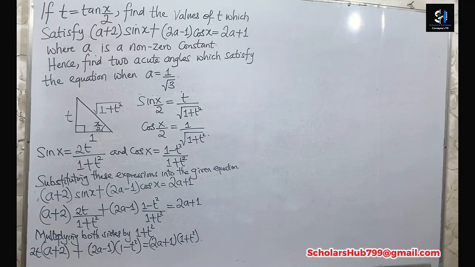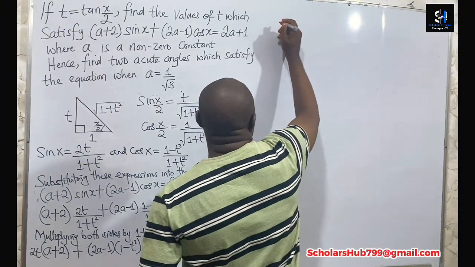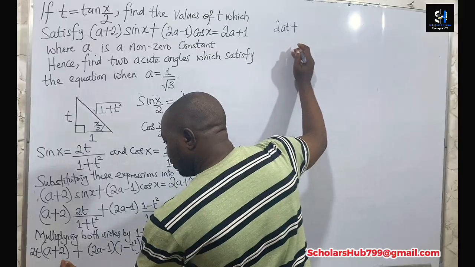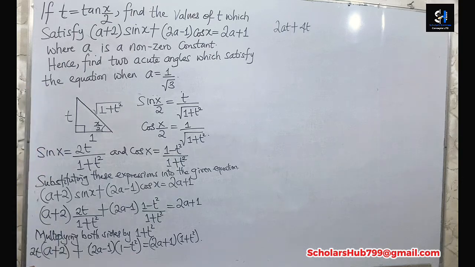Now I can remove the parentheses. For the first one, we have 2at, then 2t multiplied by 2, that's 4t.